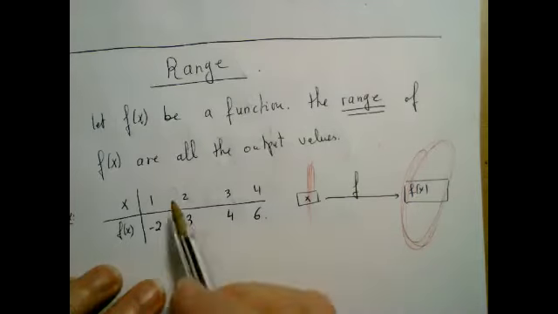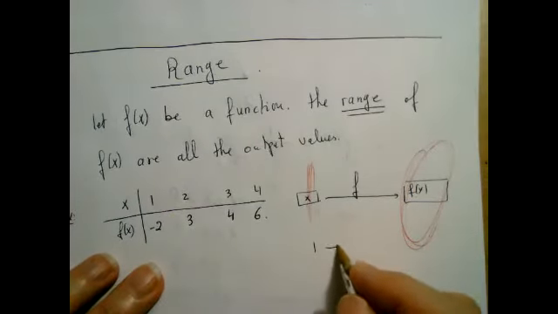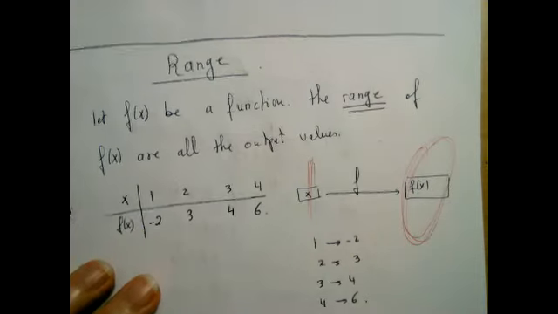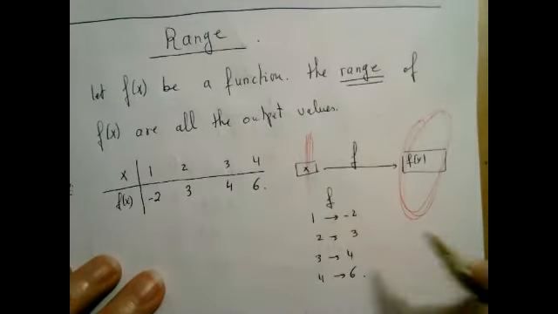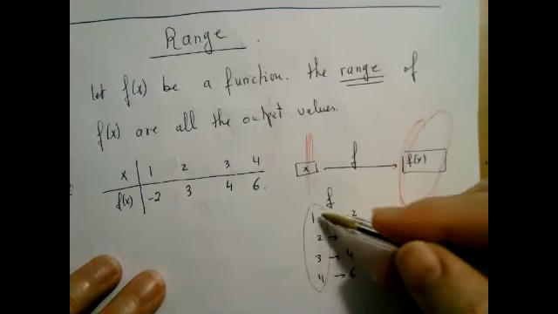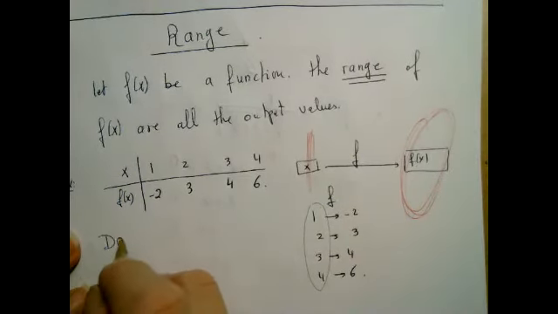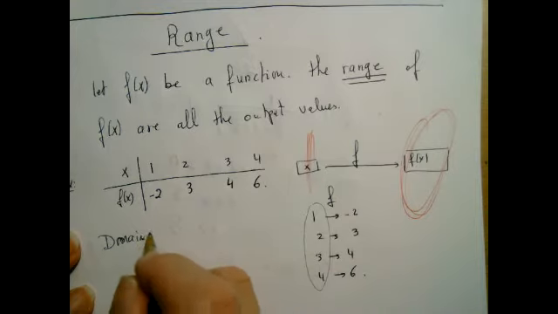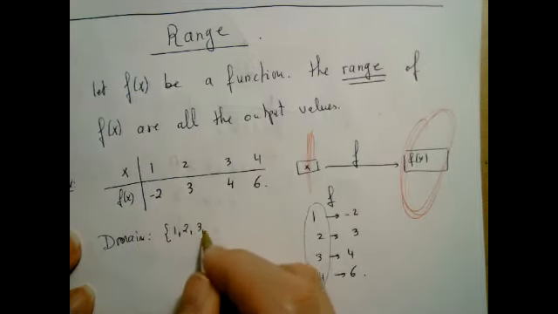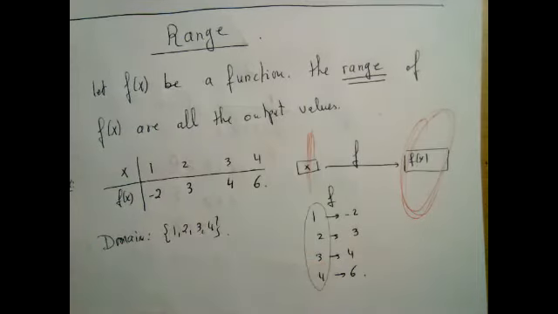So it takes 1 to -2, 2 to 3, 3 to 4, and 4 to 6. That's really what my function is. The domain are all those x values. So the domain is 1, 2, 3, 4.